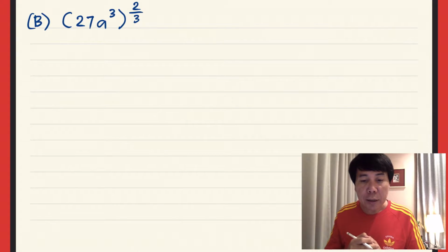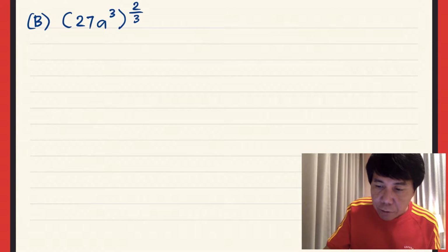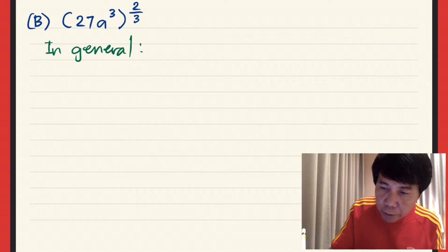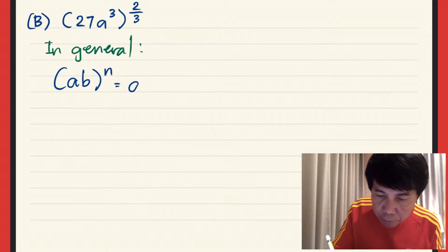We have here 27a raised to the power of 3, all raised to the power of 2/3. So we have the general rule: if we have ab raised to the power of n, we will have a raised to the power of n, b raised to the power of n.